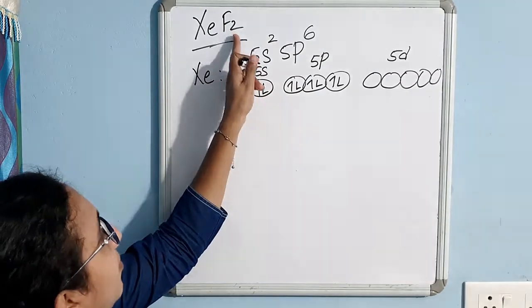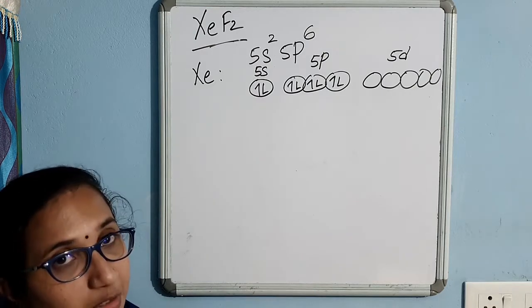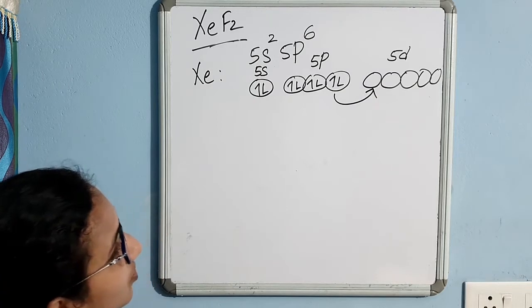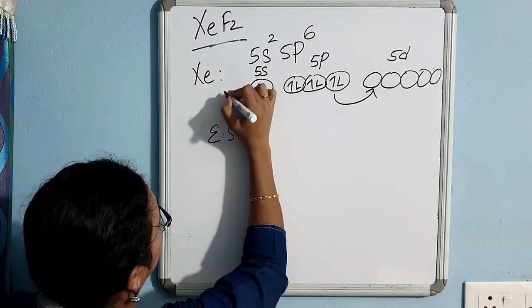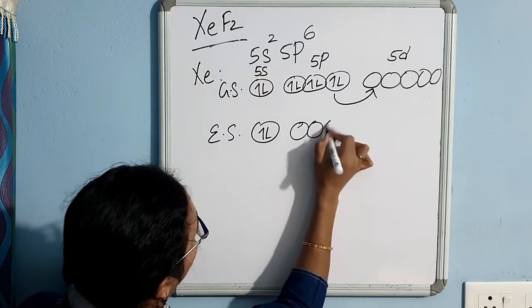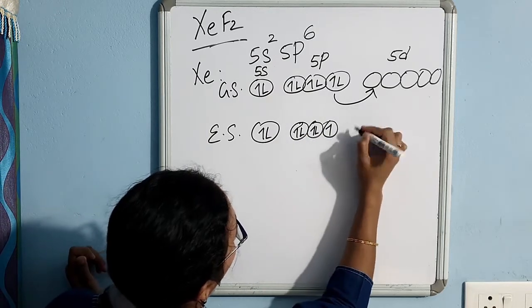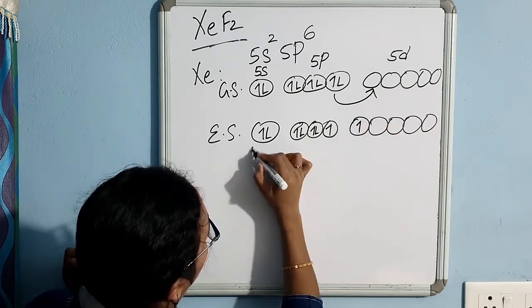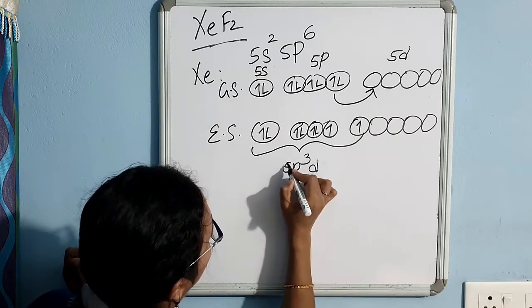So here, in order to combine with two fluorine atoms, the xenon atom should make available two half-filled atomic orbitals. For that, one electron from the p orbital undergoes excitation to the d subshell. So this is the ground state configuration, and the excited state configuration will be 5s2 5p5 and 5d1, and the resulting hybridization will be sp3d.